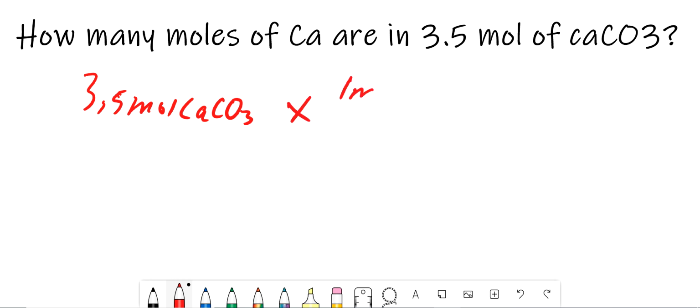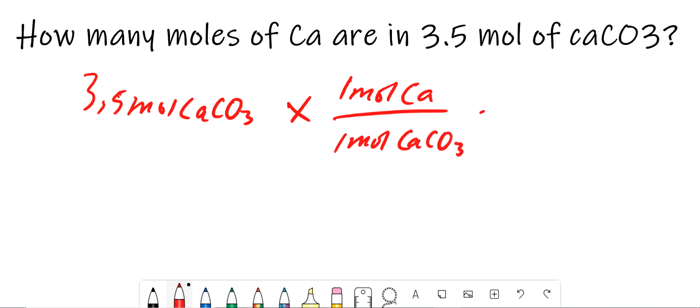It's multiplied by 1 mole of calcium over 1 mole of calcium carbonate, and the answer is 3.5 moles of calcium. That's easy. That's the final answer.